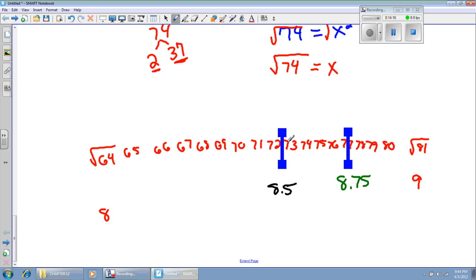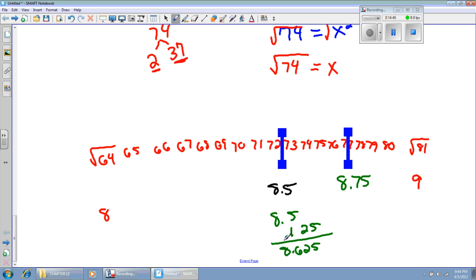And so, by the way, if you're wondering how I did that, 75 minus 50 is 25. Half of 25 is 12.5, right? So if I do 8.5 plus 1.125, that's my 12.5, see? And then I get 8.625.